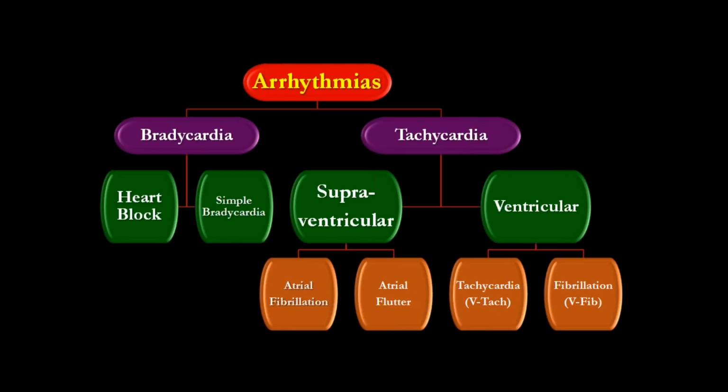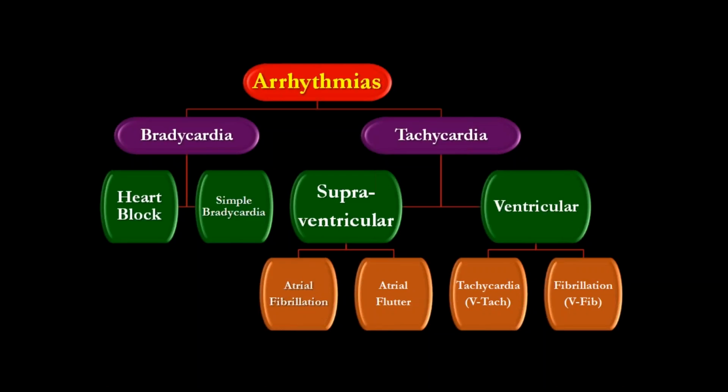So these tachycardias have an origin. This origin could be in the ventricles, or it could be above the ventricles, that is in the area of the atriums. The supraventricular is subdivided, and the most common is the atrial fibrillation, and we have the atrial flutter.